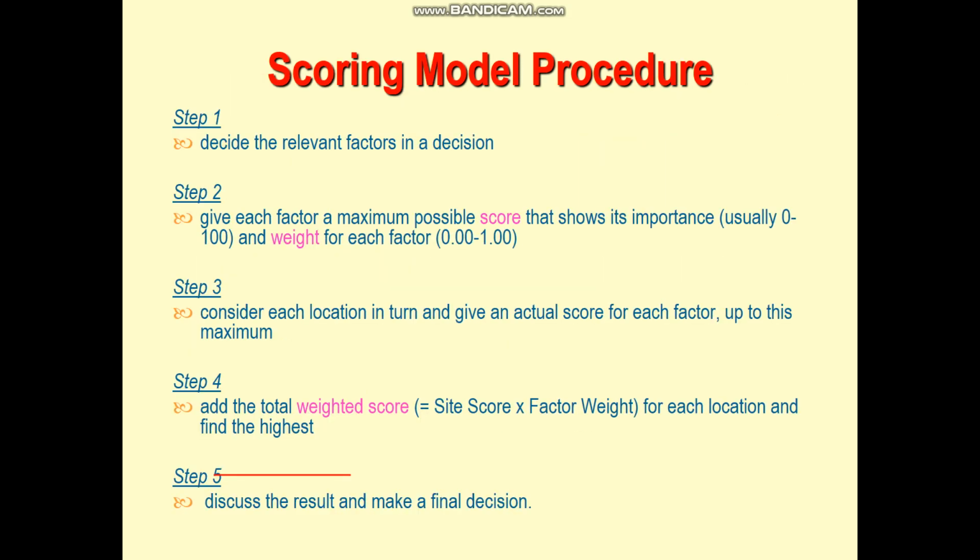So based on your objective, you will focus on different factors. Not all companies consider the same factors, okay?